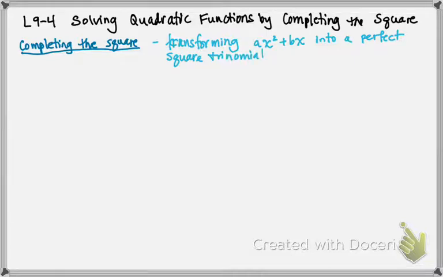Okay, so I'm going to give you a demonstration of how it works, and we're going to practice it with something that looks like this: y equals x squared plus 6x, 6 looks like b, plus 7. So here are your steps to complete the square.